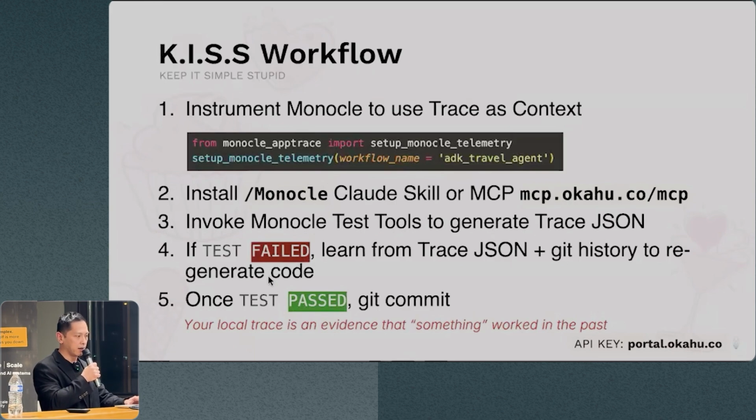And you can tell Claude, hey, if it fails, go ahead and look at the trace JSON and tell me what happened. From there, go to the Git history, find out what the code change was, and regenerate the code. So you can go through the entire loop, and eventually you will have a passing test and the new code generated.